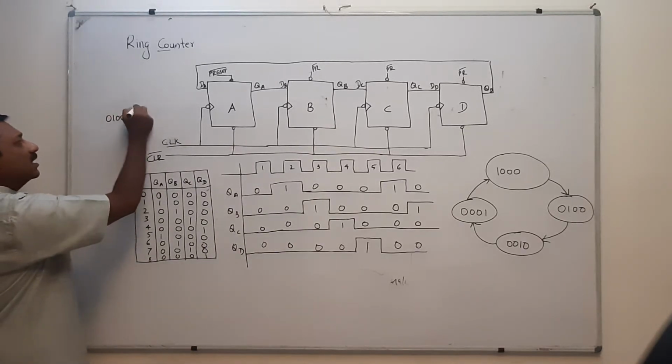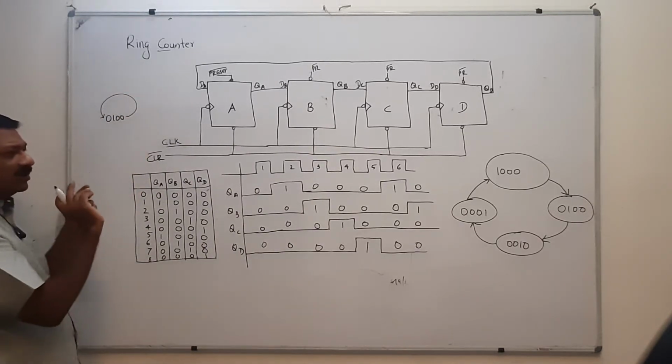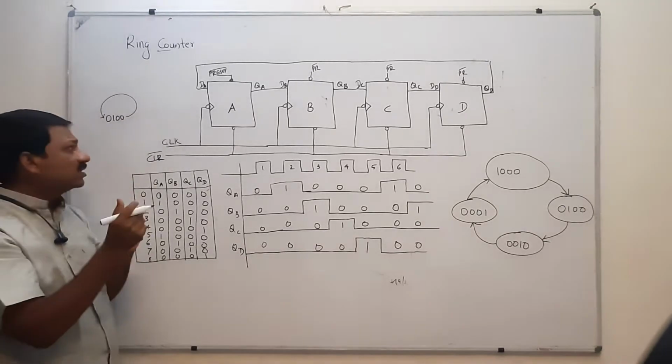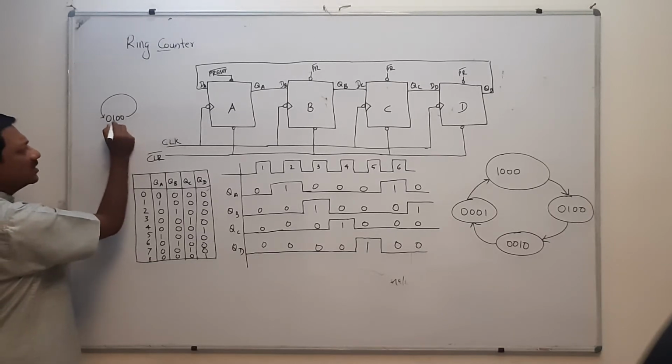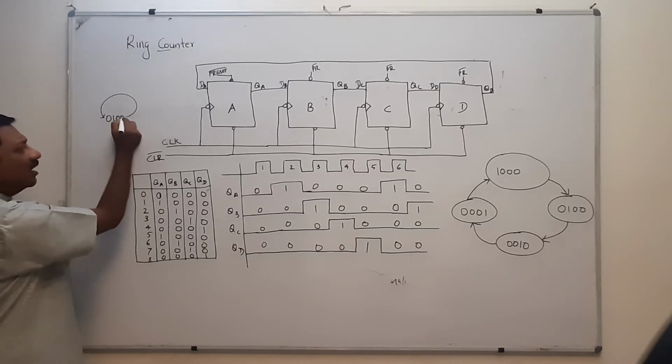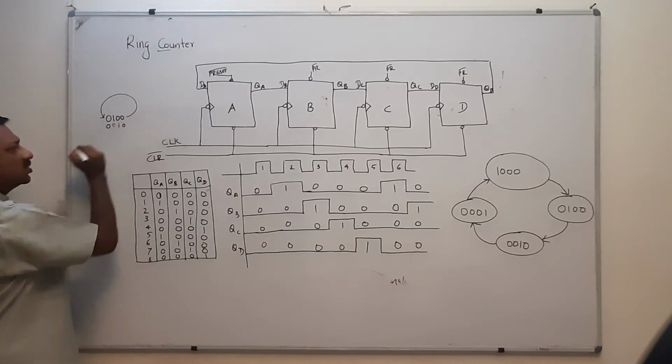Then what is the ring counter? Ring means it is shifting like this: 0, 0, 1, 0, where the 0 is shifted to this place, the 1 is shifted, the next 0 is shifted, and the last 0 is shifted to the first position.